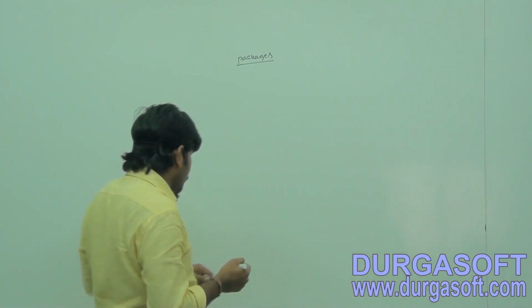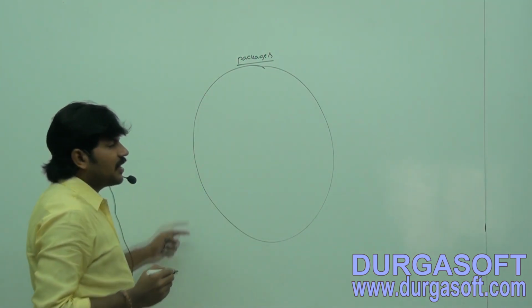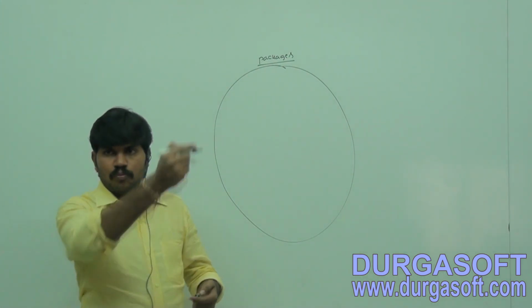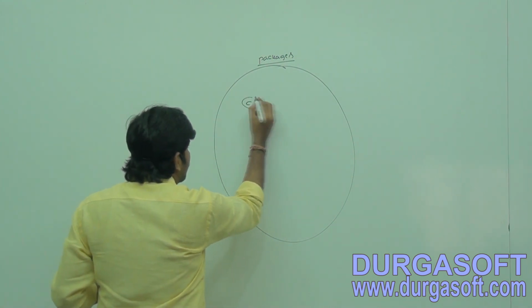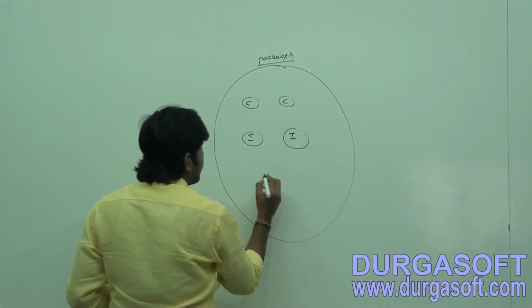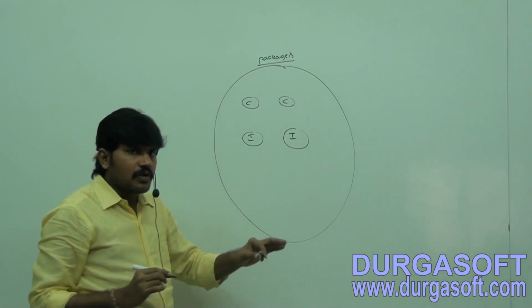Sir, here just observe. What is a package? A package is an encapsulation mechanism, a grouping mechanism. Encapsulation is nothing but a grouping mechanism. So related classes and interfaces are there, and all related classes and interfaces are by default grouped into a single unit, which is nothing but a package.